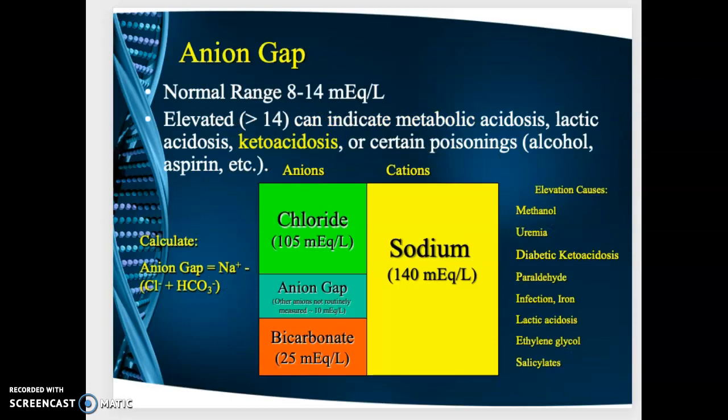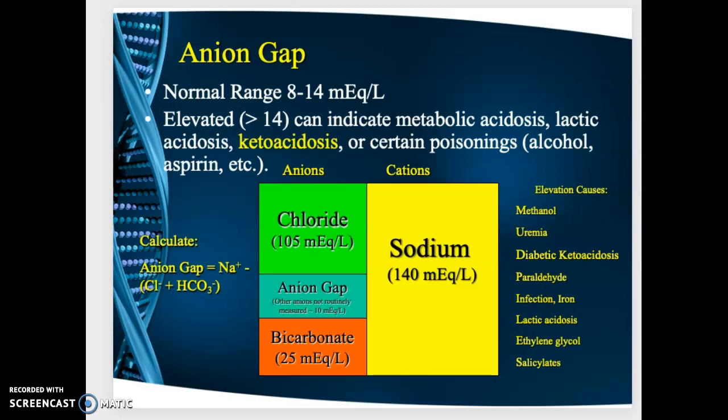Okay, and then this I'm not going to test you on in first semester, but it's a kind of neat way to know how to figure out if the person's in acidosis. If you're on a regular floor and you don't have ABGs, this is what a doctor will use to diagnose or assess for acidosis. And what they do is they look at the major cations inside the blood, which is sodium, and then from that they subtract the 2 major anions, which would be chloride and bicarbonate.